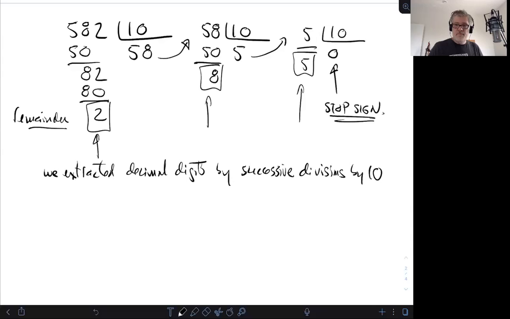And I stopped when I got a 0. Okay. So I'm going to do this now by dividing by 2. And I'm going to get the bits out of my number. So it's the same procedure.